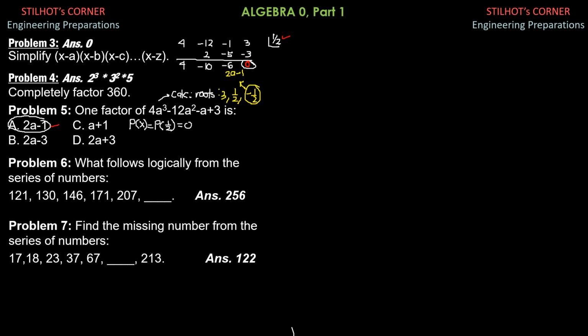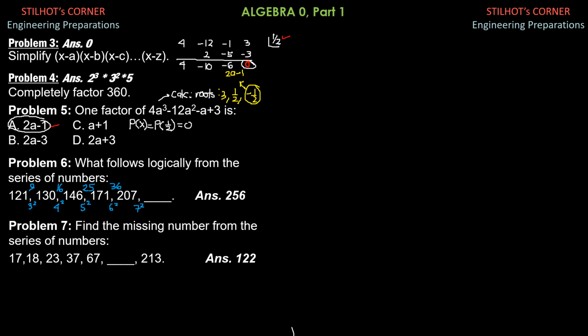My technique is to get the differences first and study them. 130 minus 121 is 9, 146 minus 130 is 16, 171 minus 146 is 25, and 207 minus 171 is 36. After studying these differences, you notice that these are perfect squares: 3 squared, 4 squared, 5 squared, 6 squared. Therefore, next is 7 squared.